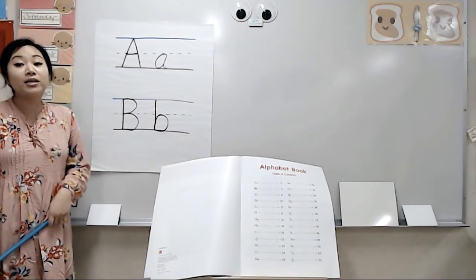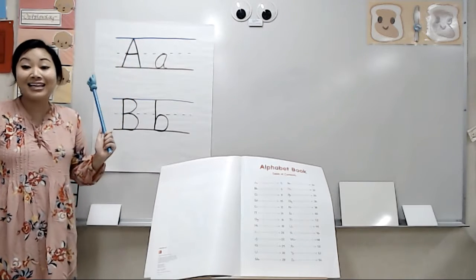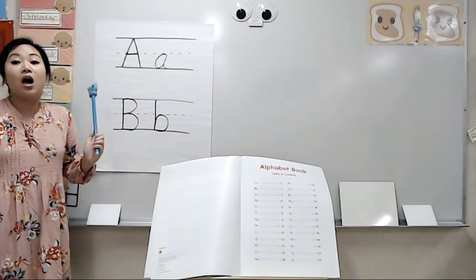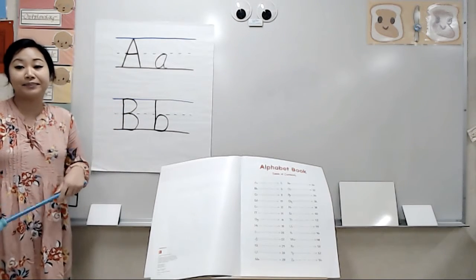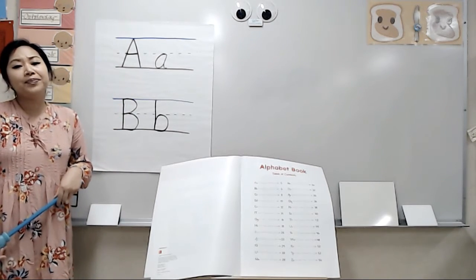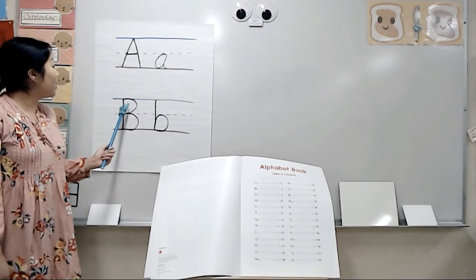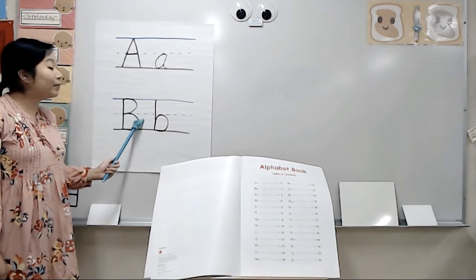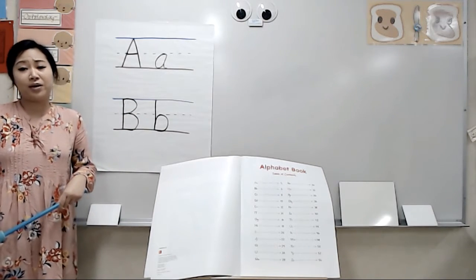Well, I noticed that the uppercase A has a lot of diagonal or slanted lines, and uppercase B has a vertical or up and down line. What else? Oh, and I noticed that uppercase B has bubbles or curvy lines. What else do you notice?